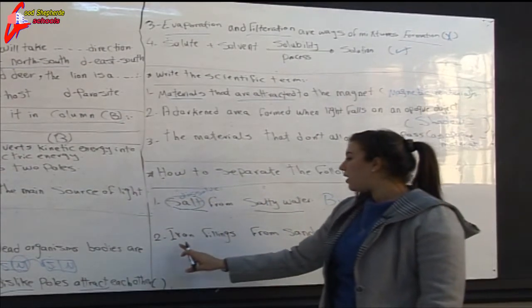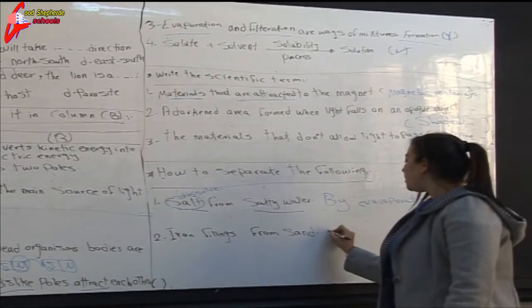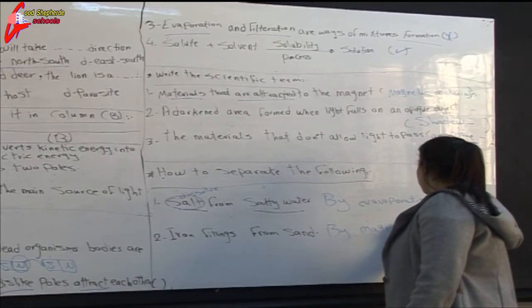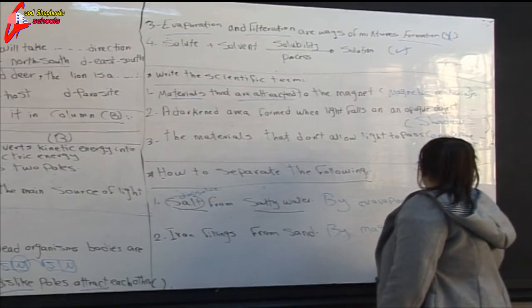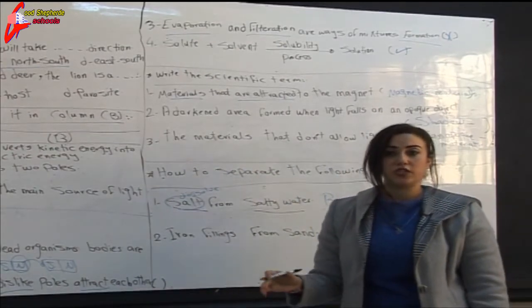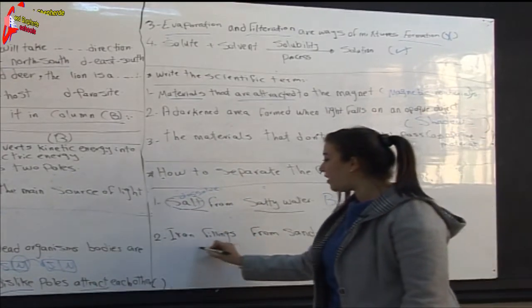Okay, number 2, iron filings from sand, by using magnetic attraction. Why do I use magnetic attraction? Because a magnet is used to separate iron filings.